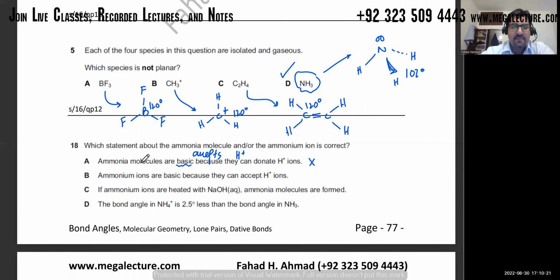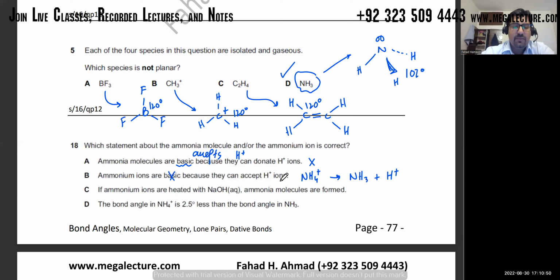Donate is an acid. Ammonium ions are basic because they can accept H plus 1 ions? Ammonium ions are not basic. They're actually acidic. Ammonium ions जो होते हैं ना, they actually lose H plus 1 ions to form ammonia. So that is also not correct.